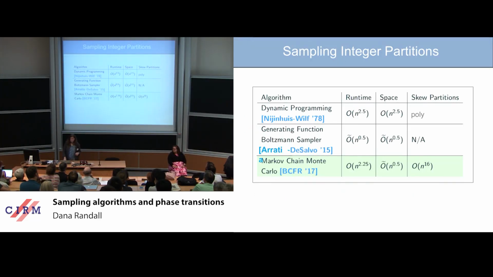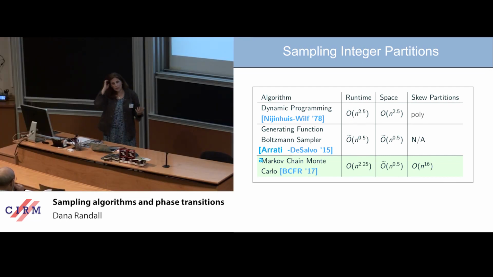So just because I promised Jeremy that I would give a result from 1978. This is sort of the story right now: there are two different approaches. The classic dynamic programming or generating function, or just the counting approach, is that we can count integer partitions exactly.